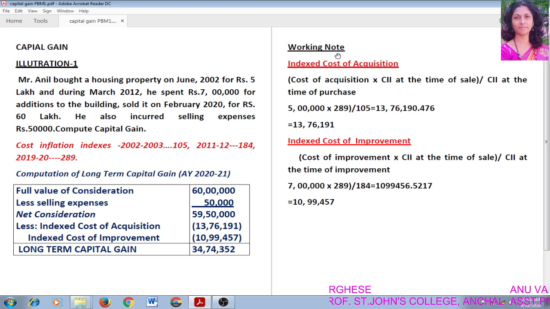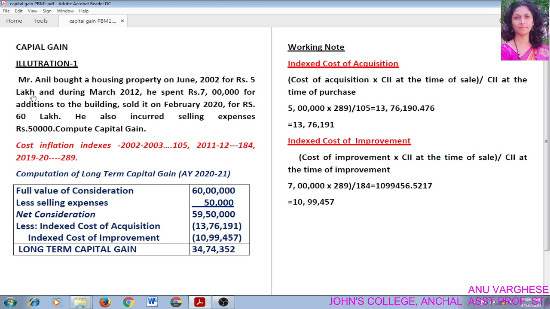So write working note: indexed cost of acquisition. The formula of indexed cost of acquisition is cost of acquisition into cost inflation index at the time of sale or exchange, divided by cost inflation index at the time of purchase. Cost of acquisition means purchase price.